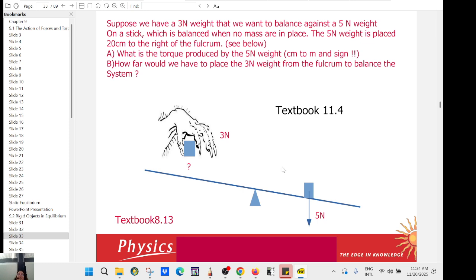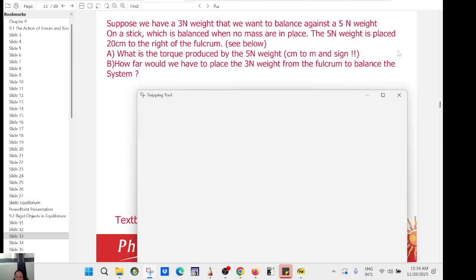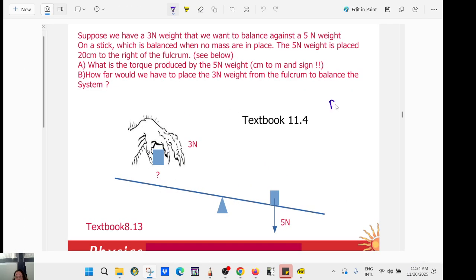Oh, okay. So yes, thank you. That's a very good point. So in that case, for number A, yes, you are right. For number A, I will say the torque applied by the 5 Newton relative to the fulcrum will be 5 times 0.02, so it will be 0.1.